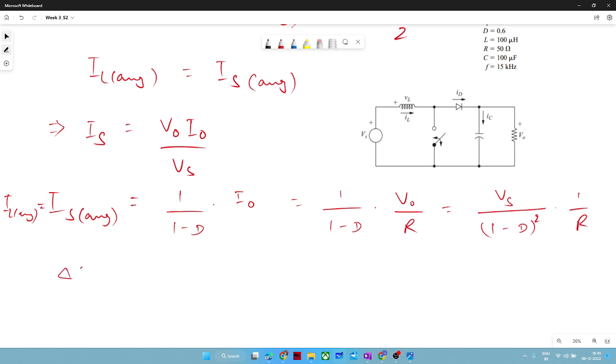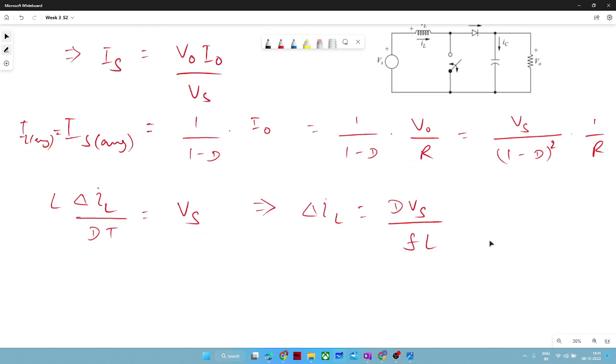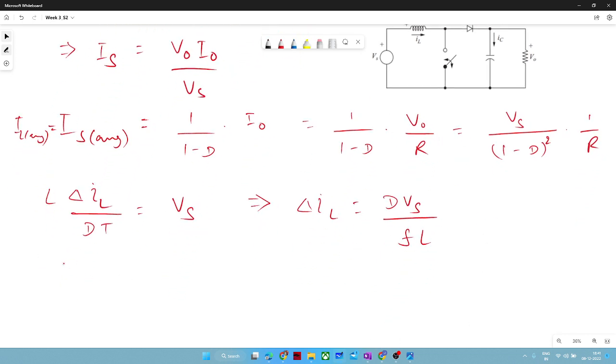Now del IL, if we want to calculate any time, you just do L del IL by dt is equal to that value. So when the switch is on, VL is equal to Vs, you will get del IL as DVs by FL. Again, this value may be in CCM or in DCM, we don't know as of now. So we calculated both values.